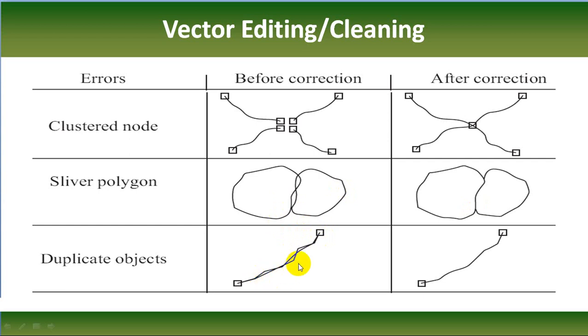If you find any duplicate line, duplicate point, or duplicate polygon, you should immediately remove all such duplicate objects. So we should check and rectify or remove all such types of vector errors.